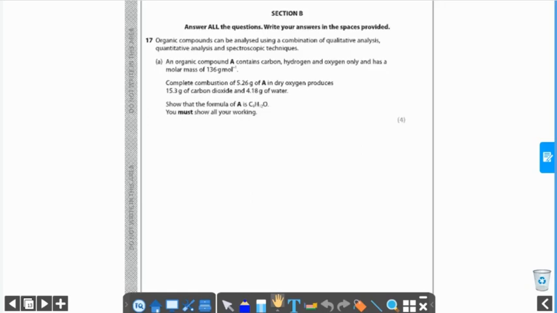Right? You must show all the working. These similar questions we have calculated before, right? So first of all, you have to find the mass of carbon, the mass of carbon in carbon dioxide. Carbon dioxide is CO2, so 12 over 44 into 15.3. Because if I take 44 grams of carbon dioxide, we'll have 12 grams of carbon.